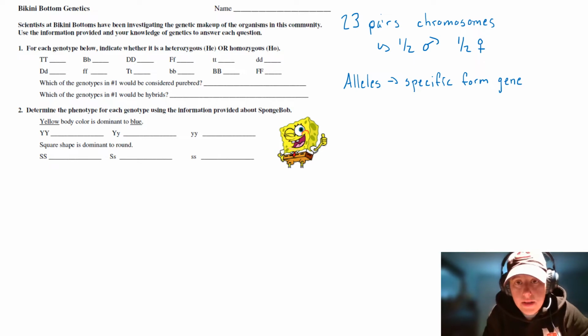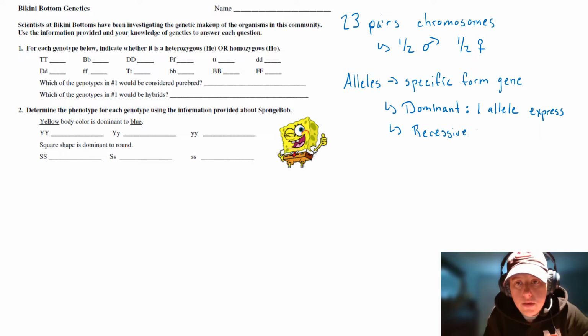So for our alleles, we only have really two copies. We have our dominant trait, which means you only need one allele to express the trait, or you can have your recessive trait.